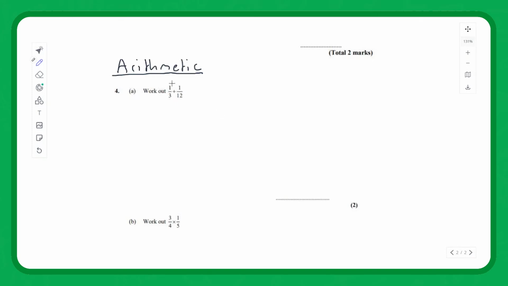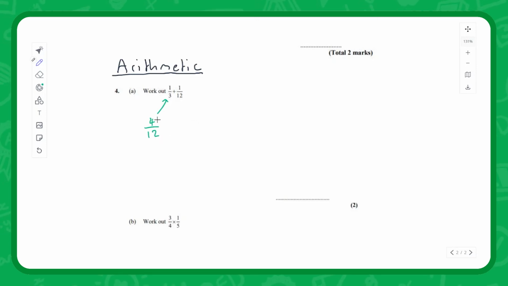And what we can do is, if we're smart about this, rather than timesing this whole fraction by this denominator and this whole fraction by this denominator, we can take a shortcut and we can just times this first fraction by 4, the top and the bottom by 4. And what that's going to give us is 4 on top and 12 on the bottom.